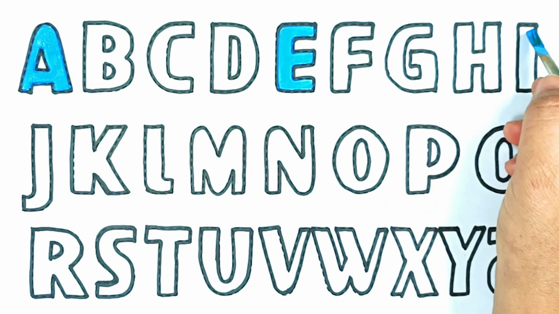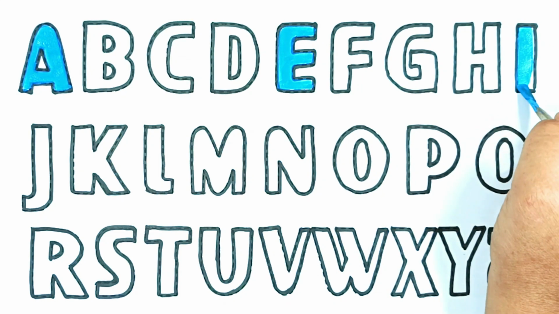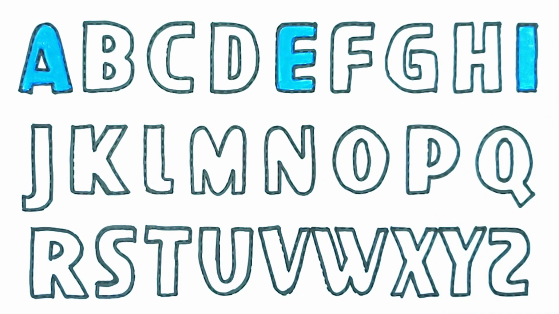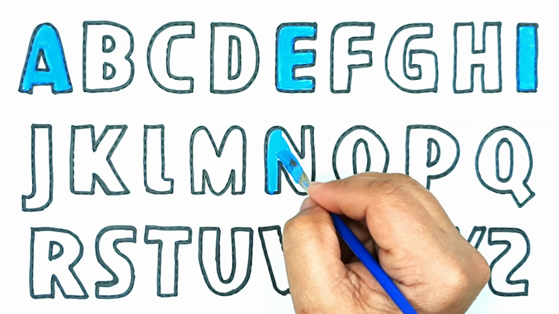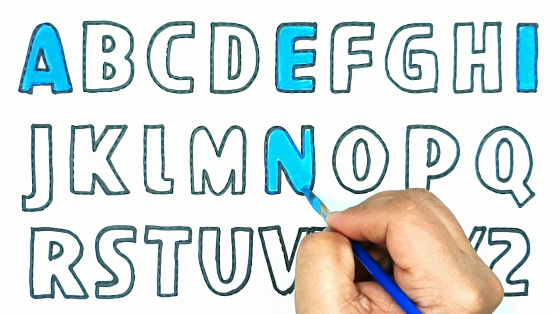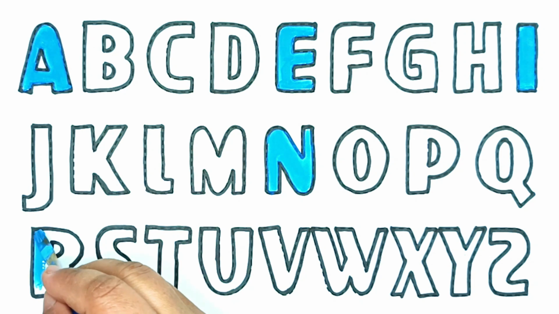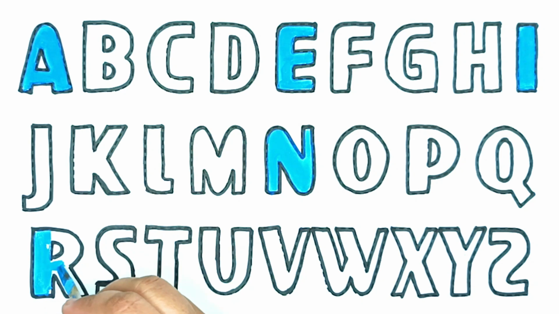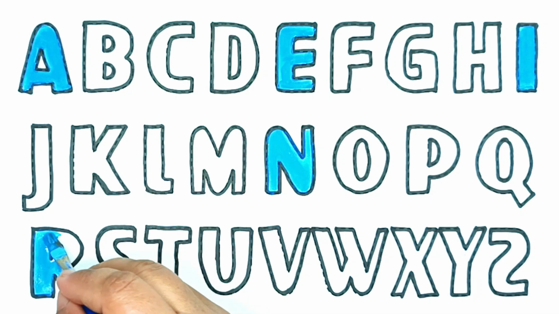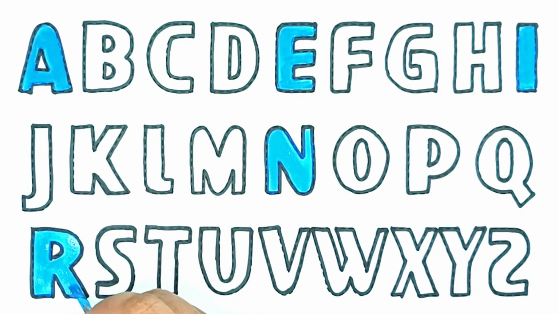E for egg. I for igloo. N for net. R for ring.